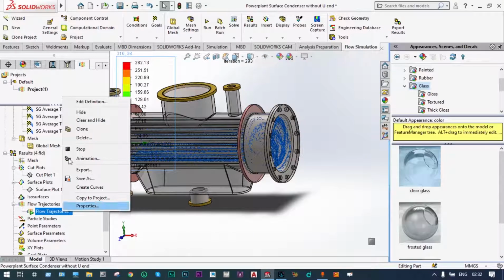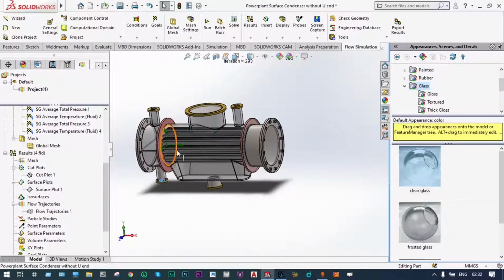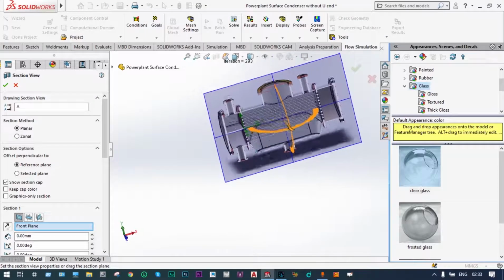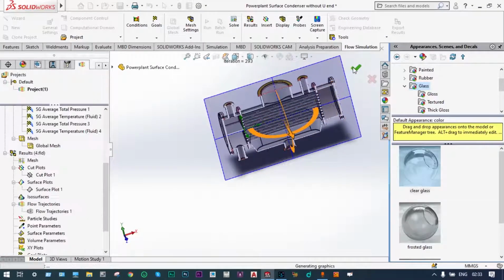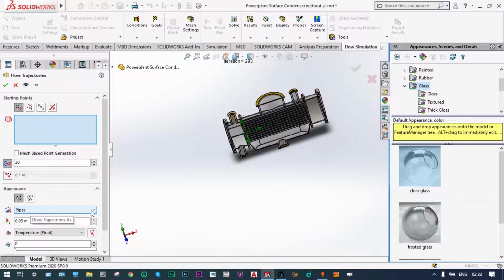Let us clear and hide this part. Next one, we want to see the combined flow trajectories of steam and cold water. For better selection, let us cut this one from front plane and we can apply specific location in a better way. So flow trajectories, insert flow trajectory, and instead of pipes we want to see in the form of arrows.